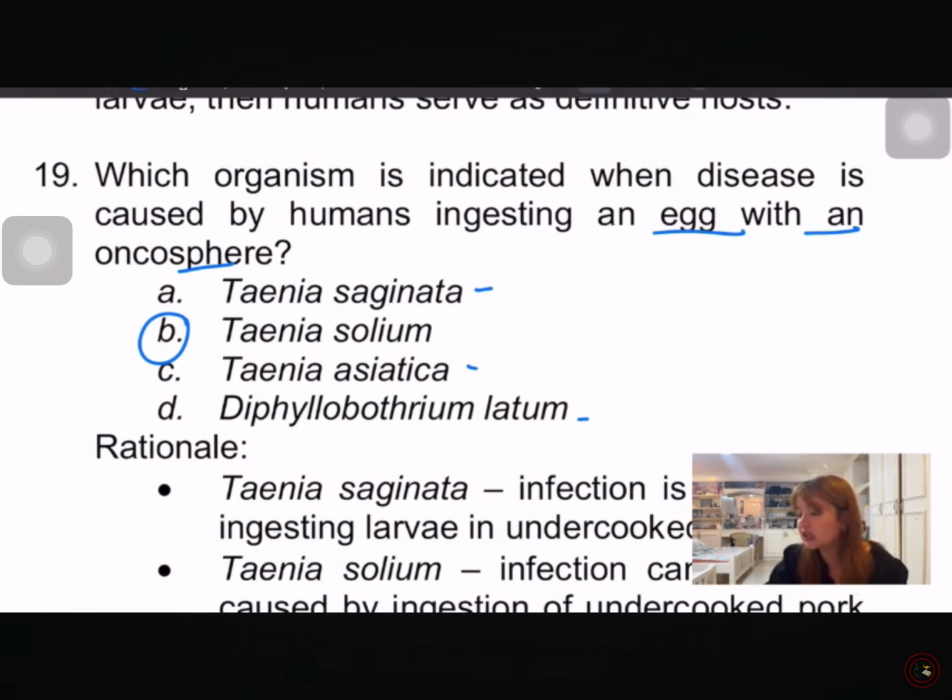Ang ini-ingest dito is yung actual flesh of the animal involved. For example, sa saginata, kailangan beef, undercooked beef. Sa asiatica, undercooked pork din, like solium. And sa Diphyllobothrium latum, it's undercooked fish.